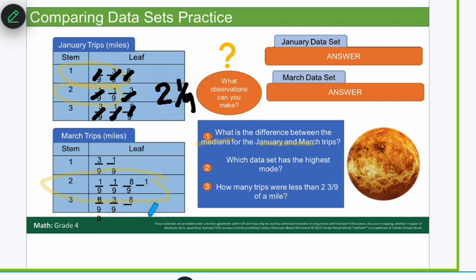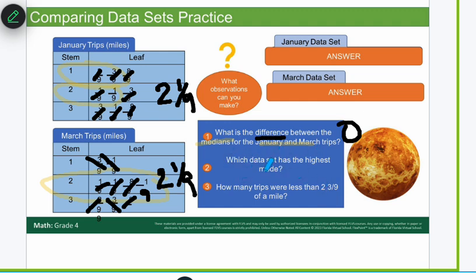On this end, my median is going to be 2 1/9 as well. So my median number, this is asking for the difference between them. So I know difference means subtraction. So there is 0, no difference.